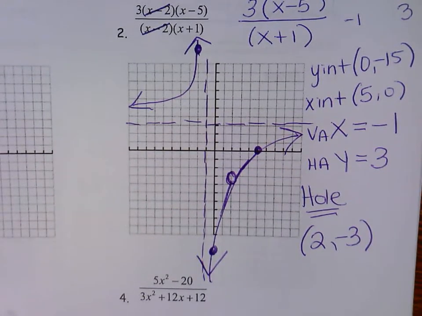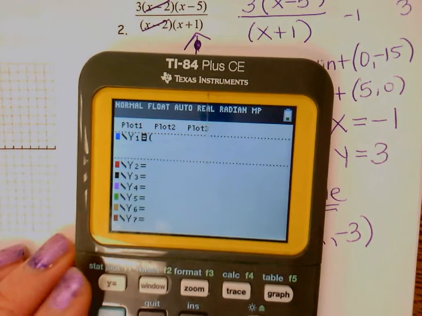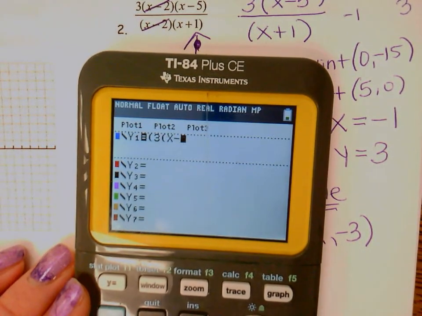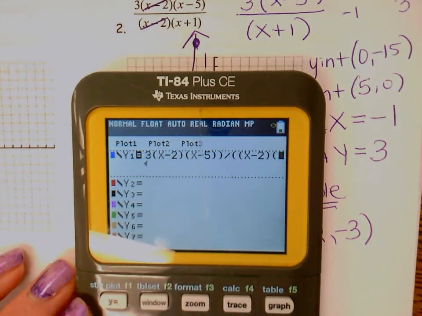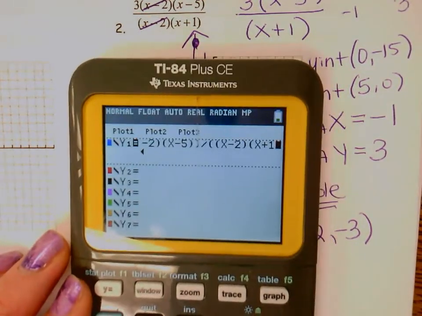So if I graph this on the calculator, you won't see any difference between the two functions. So if I graph my original function, 3 times x minus 2 times x minus 5 divided by x minus 2 times, I've got to put a lot of parentheses, x plus 1. So there's my original function.